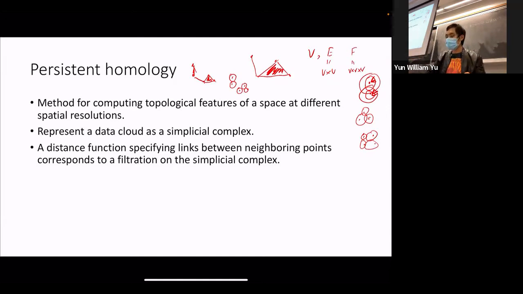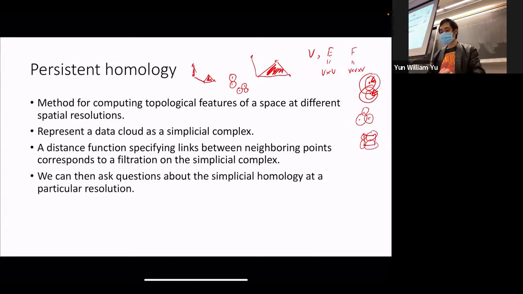And this roughly corresponds to having a hole in the simplicial complex. There's some way of making this formal, which I'm not going to do right now because that's an entire lecture. But then you can ask questions about the simplicial homology. So basically, how many high dimensional holes of different dimension do you have in this data cloud as the radius expands? And that corresponds to some kind of filtration on the simplicial complex.